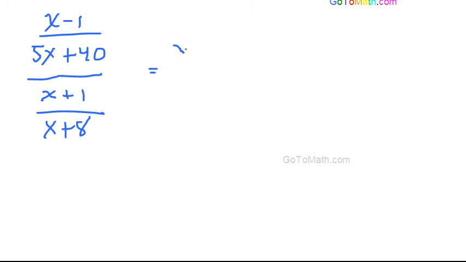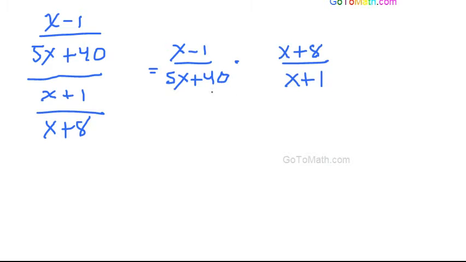Okay, so we can rewrite this, and I'm going to skip a step here. Instead of writing divided by, I'm just going to go ahead and skip that step, hit multiplication, and we want to flip this fraction, so we end up with x plus 8 on top and x plus 1 on bottom. So we're getting to the point where you should be able to follow that.